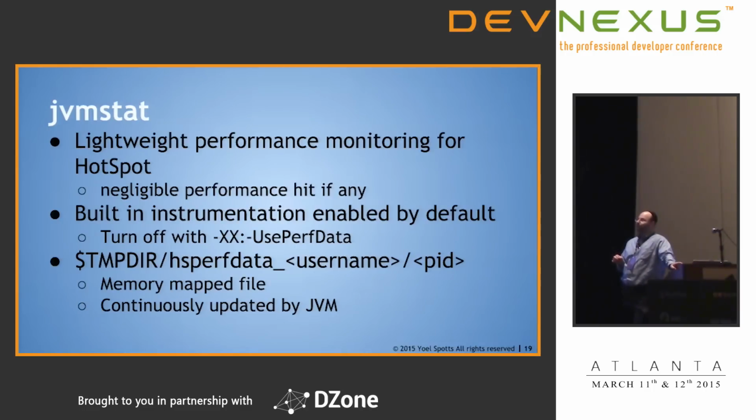It can provide some really useful information, and the JVM continuously updates this monitoring information and will store it in a memory mapped file, which you'll be able to look at in a well-known location. And like I said, the JVM is continuously updating this with the monitoring data, which is available to some of these tools. And there is a well-known entry point to connect to JVMStat to obtain this information.